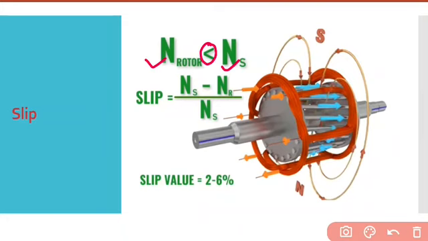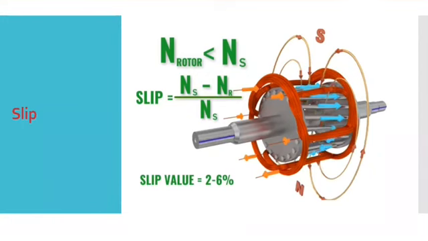Generally the slip value is 2 to 6%. So the difference between the synchronous speed and the rotor speed gives you the slip, and we consider the value of slip between 2 and 6%.